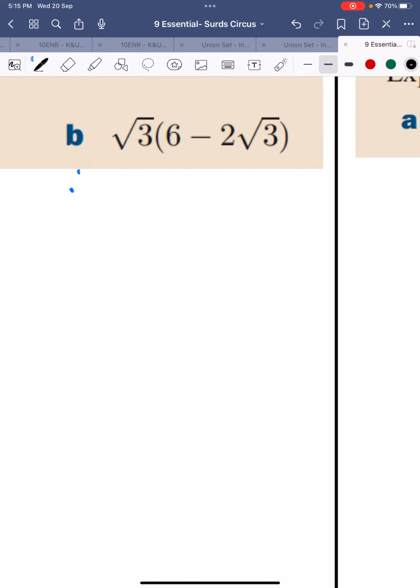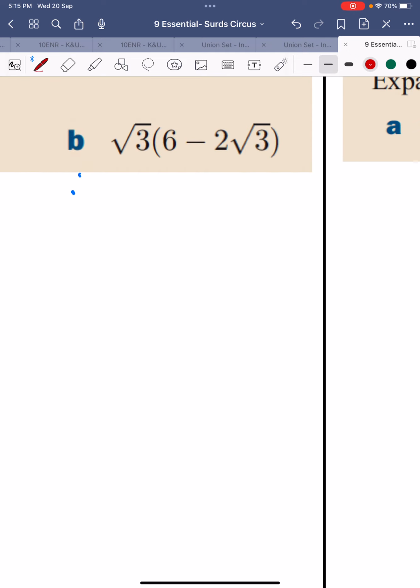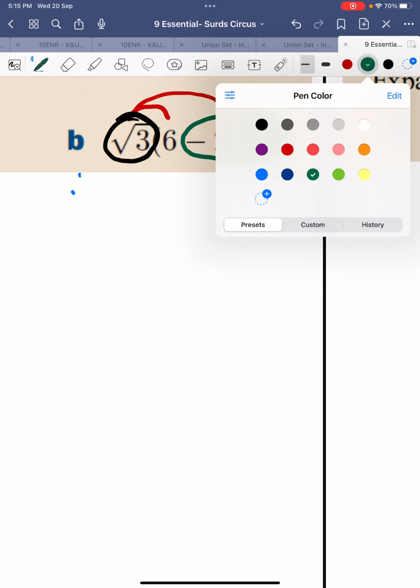And this one I'm going to just change the system slightly. I am just going to move away from the grid. And I'm going to make sure that when I multiply this, it's a negative, right? And the first term is this root 3. And I'll just do one more colour here.